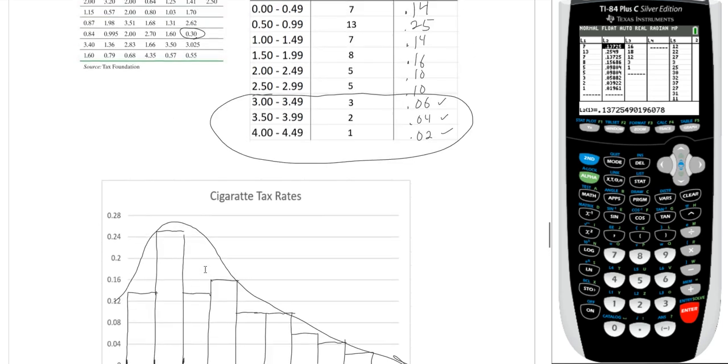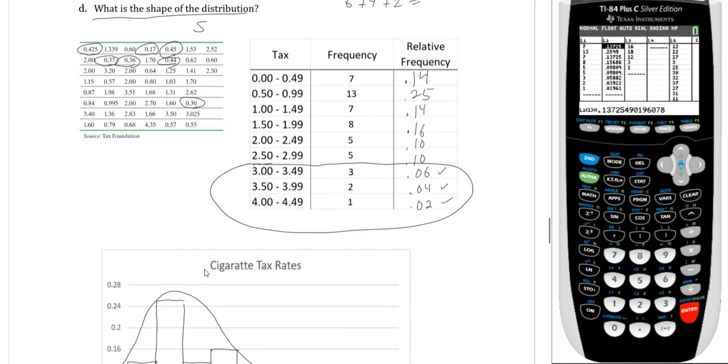That means that this is going to be skewed, and we say that it is skewed right. You can also see that when looking at the distribution. The more you do these, the more you may be able to notice it just looking at the frequency distribution, that I have a lot of values early on and very few later on. So this does look skewed right.